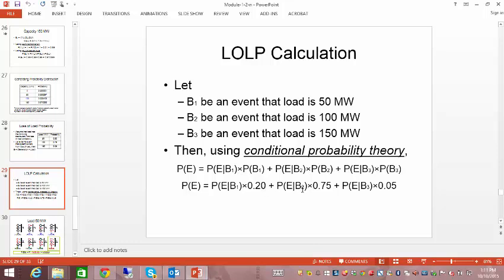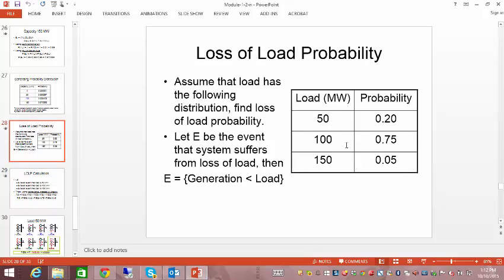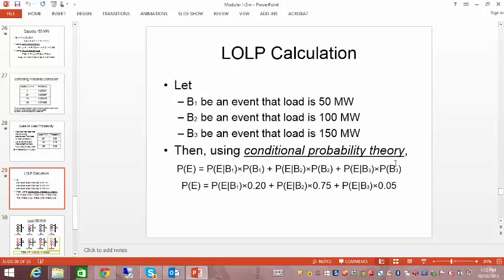Now these probabilities we know. These are the probabilities of the various levels of load. So we substitute these values over here, and now all that we have to do is find out these probabilities and substitute them over here, and we will get the probability of loss of load.